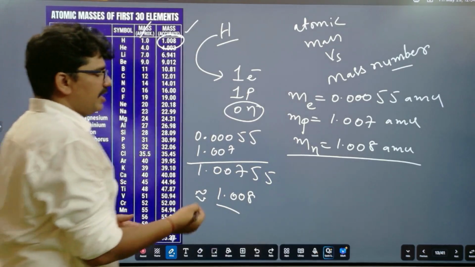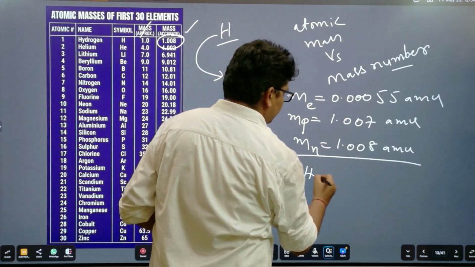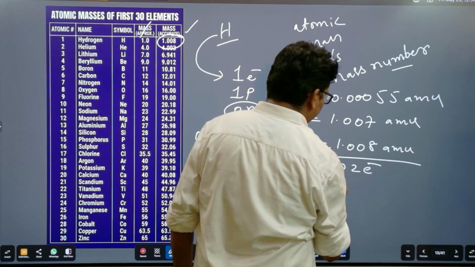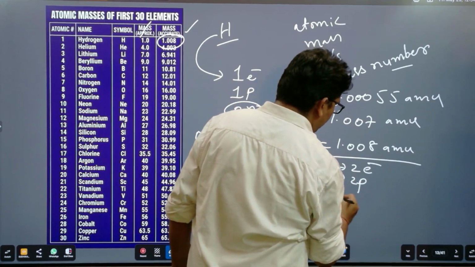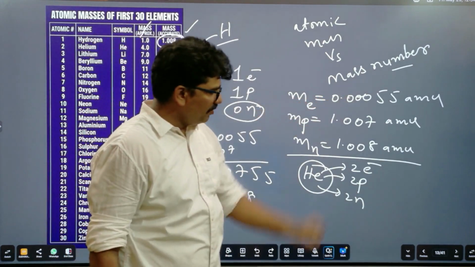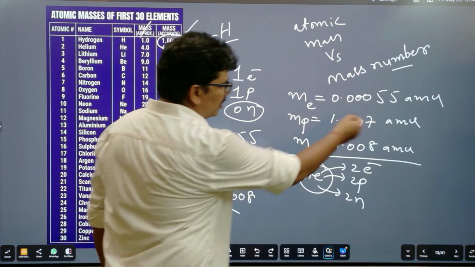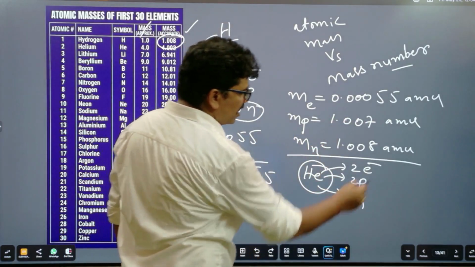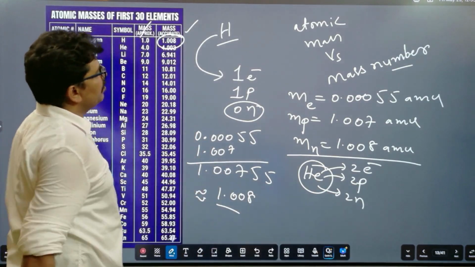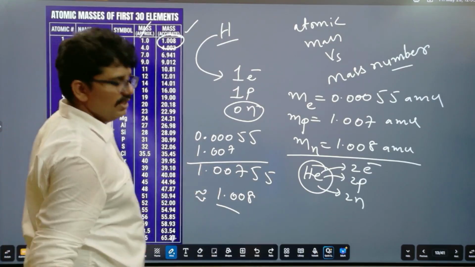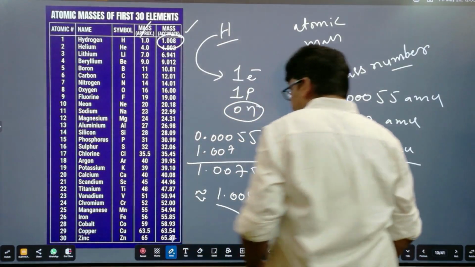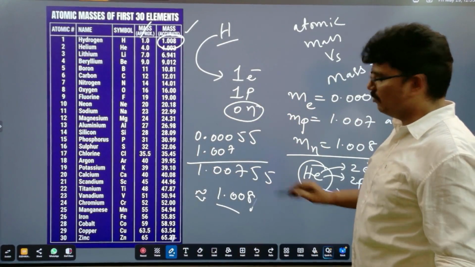If you want to calculate it for helium, in helium we have 2 electrons, 2 protons and 2 neutrons. So 2 times the mass of electron, 2 times the mass of proton, 2 times the mass of neutron. Add all these and you get the exact mass of helium. But instead of 1.008, simply we take 1.